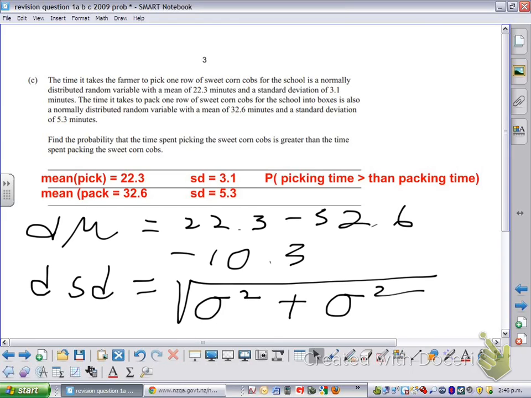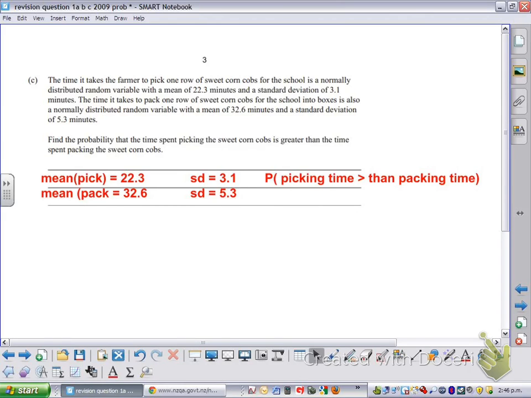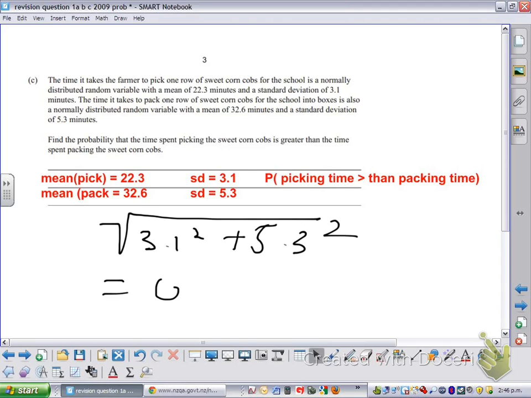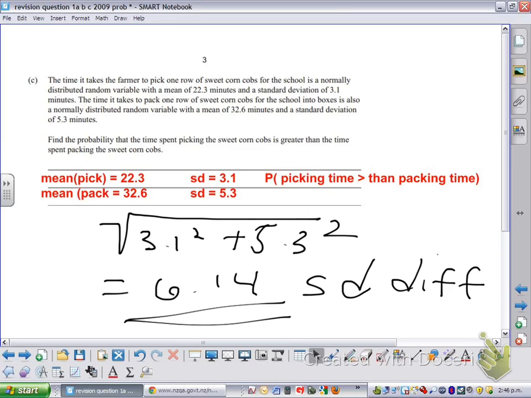So if we do that, and we take the square root of 3.1 squared plus 5.3 squared, then we get 6.14. So that's the standard deviation for the difference. And this, along with the negative 10.3, are going to be our parameters that we're going to put into the calculator and pull that up and do the work.